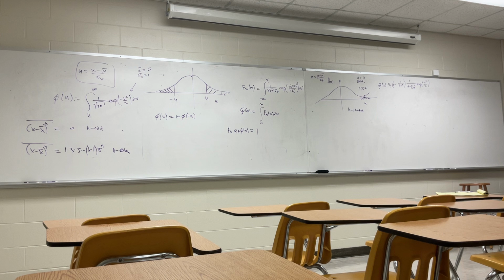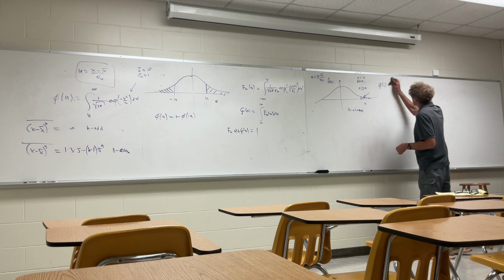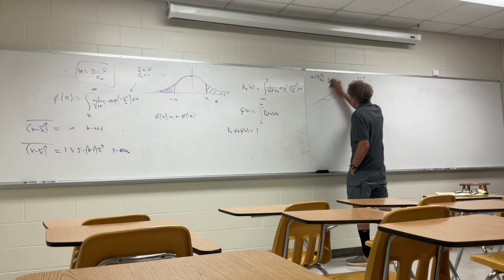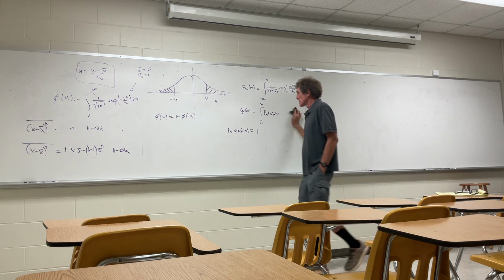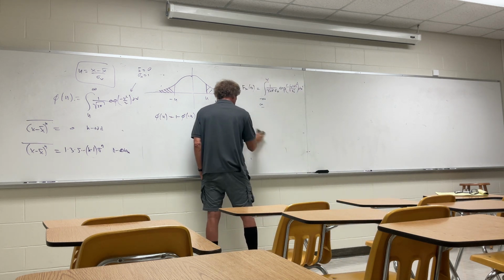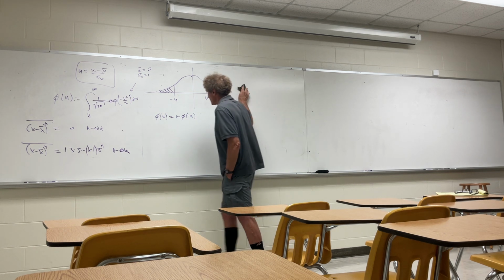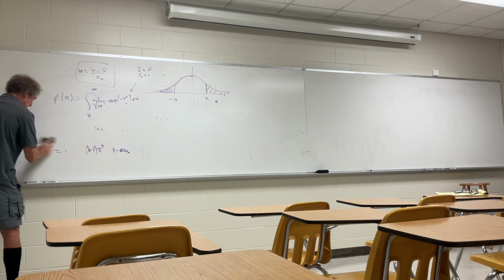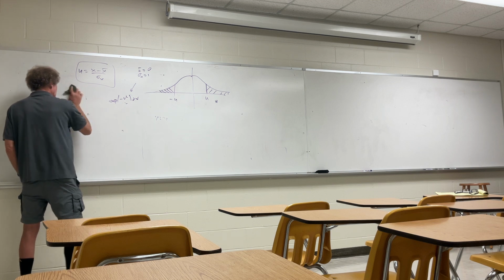Let me first clear the board. Get your calculators out. Make sure you can do these kind of problems with a minimal amount of concern. They should become obvious how you do these problems.